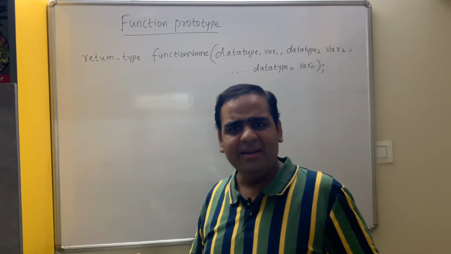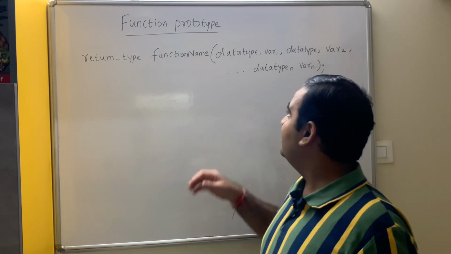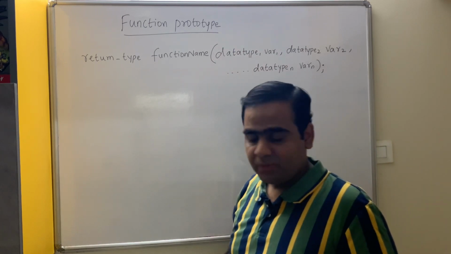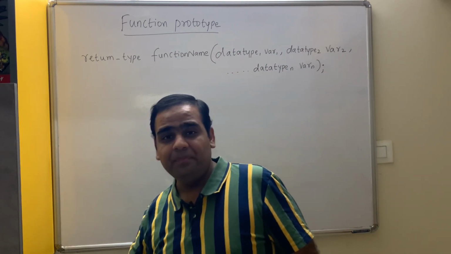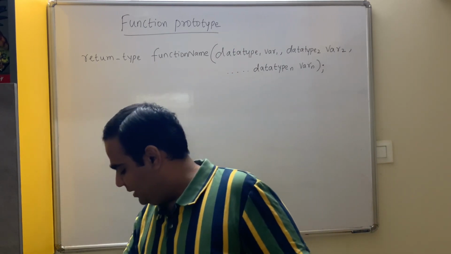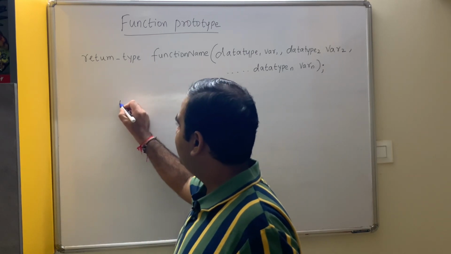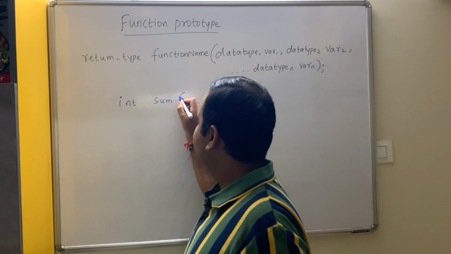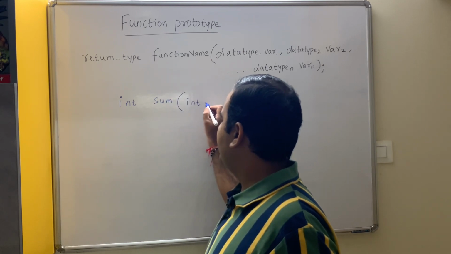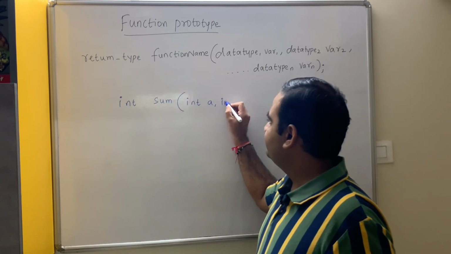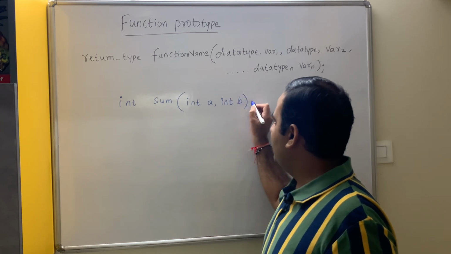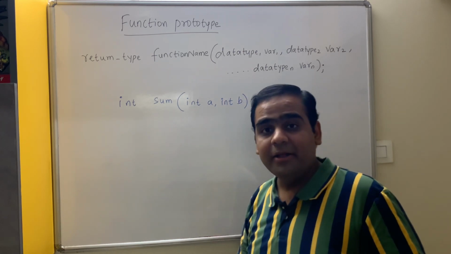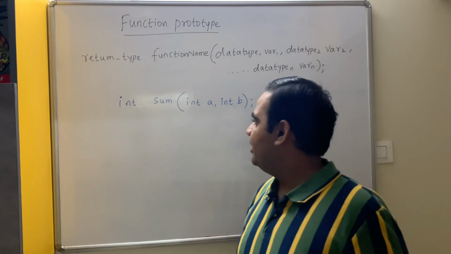It is any valid identifier name. Then we have input to the functions. Let's take an example. I can write an example as int sum (int a, int b); and the semicolon at the end is mandatory. What does it say?